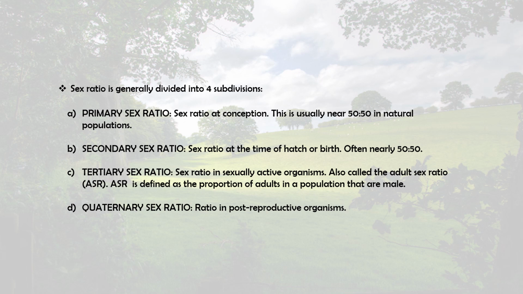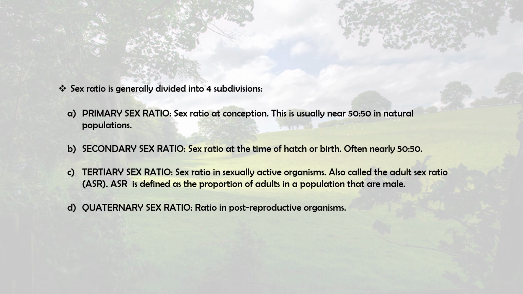This is usually near 50 to 50 in natural populations, but in few cases where parasites may be present, that can change this ratio by having lethal effects on sperm.